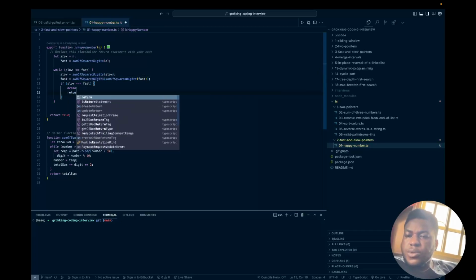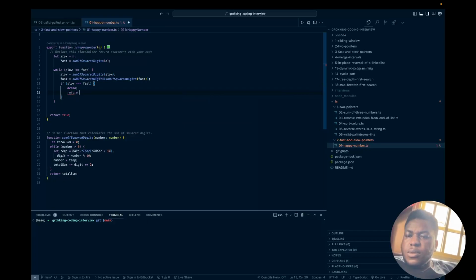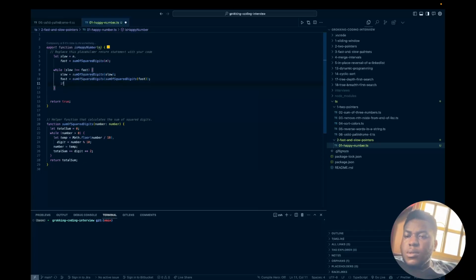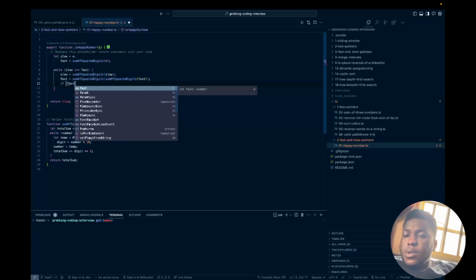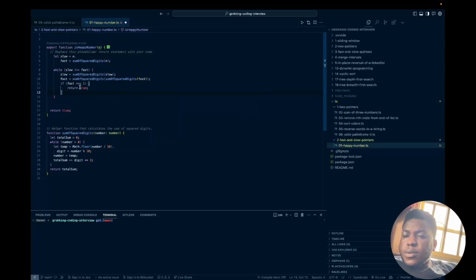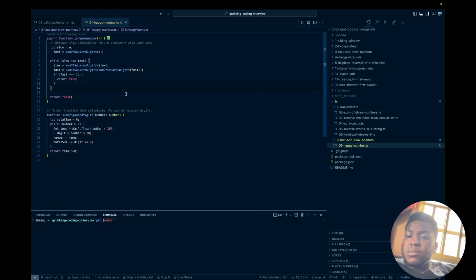Does break. I think I should return false. No. If fast is equal to 1, return true. Then while it's not the same, but if it becomes the same, then return false. Is that it? I don't know. It's worth a try.